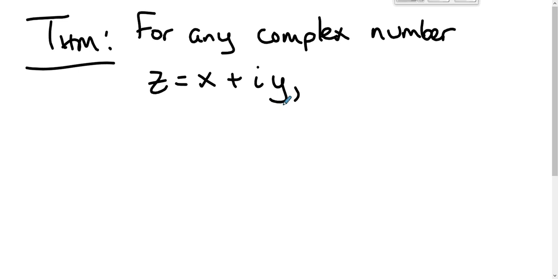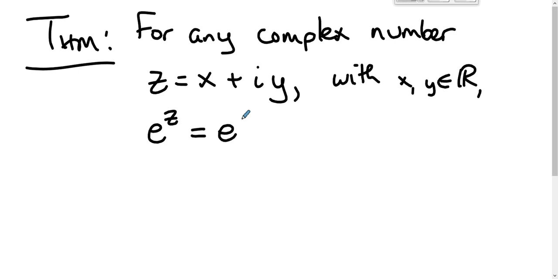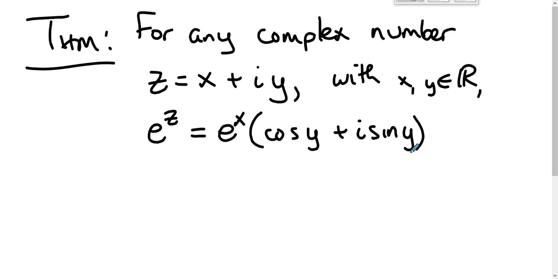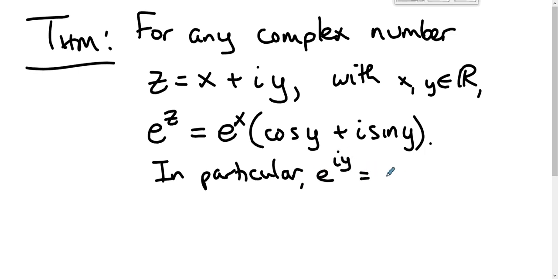We don't write a plus bi, we write x plus iy, with x and y being real numbers. e to the z is equal to e to the x times cosine y plus i sine y. In particular, e to the iy is cosine y plus i sine y.